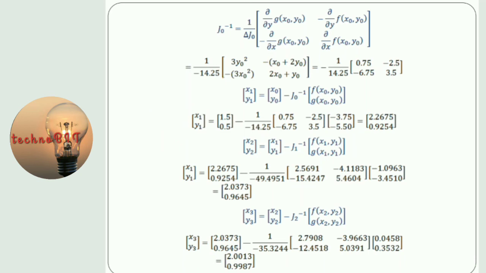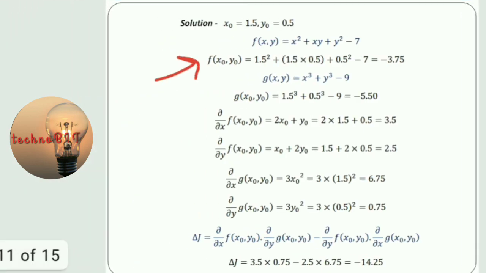Now for the next iteration, because in the question it has been given that we have to go up to 3 iterations. So what is the second iteration? The second iteration term will be written in terms of x1 and y1. We have the values of x1 and y1. Now again we have to do the similar process: again check the value of f and the value of g, but this time with f of x1 y1 and g of x1 y1.